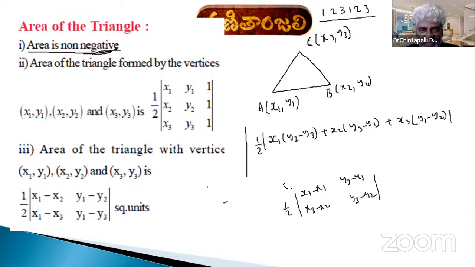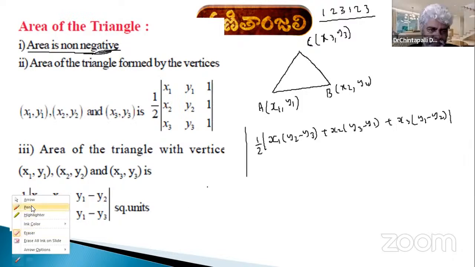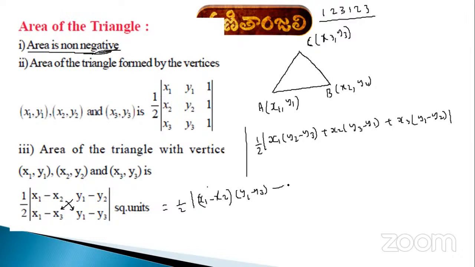Now, the same can be expressed in a direct way, without using the matrix concept, if you want to find the area in a simple way. The same can be written like this: this into this minus this into this. 1/2 into mod of x1 minus x2 into y1 minus y3, minus y1 minus y2 times x1 minus x3.